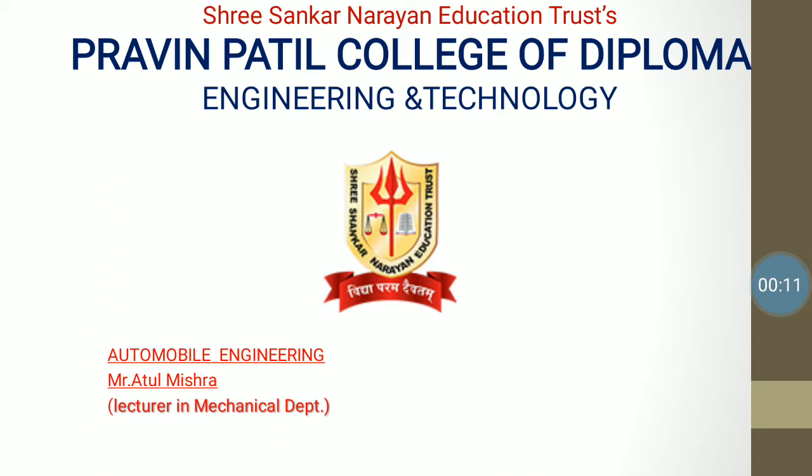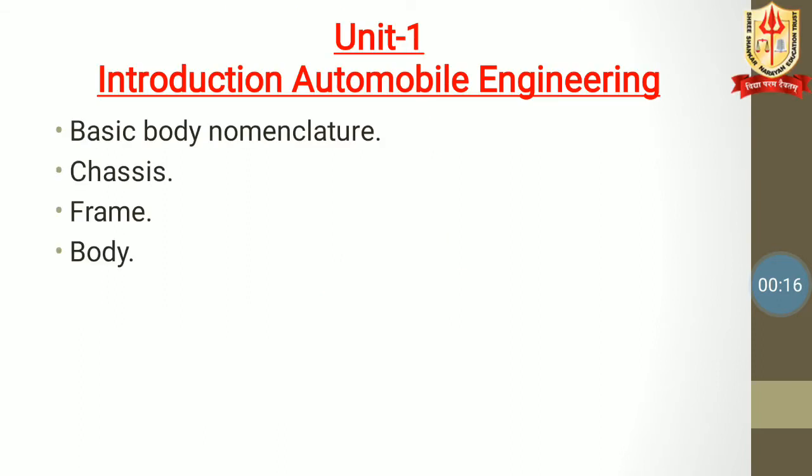Okay, we are studying automobile engineering. In this automobile engineering, we have successfully completed the first and second parts of this chapter, that is introduction, classification, then different components of body and their functions, and then we have seen different layouts. In that layout we have seen front engine rear wheel drive, rear engine rear wheel drive, front engine front wheel drive, all wheel drive.